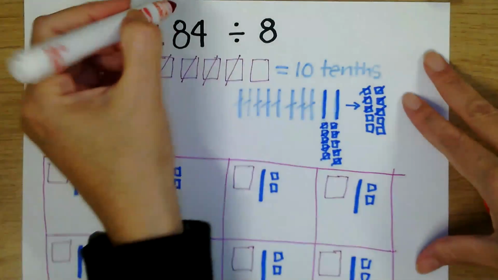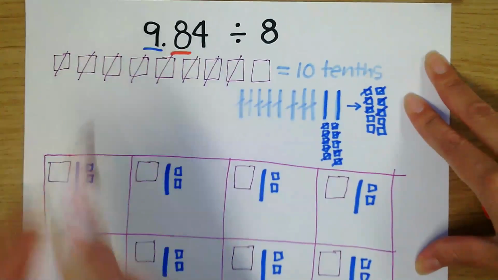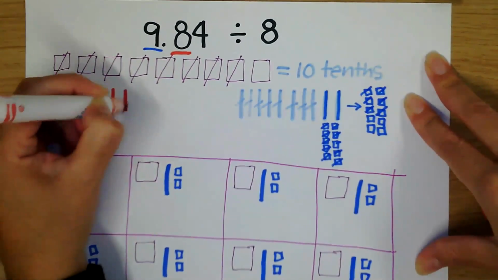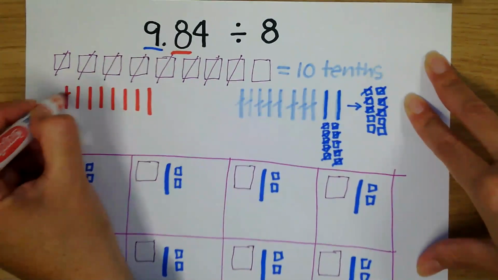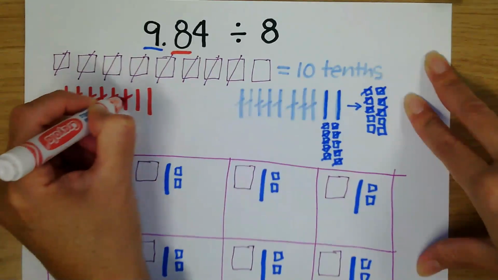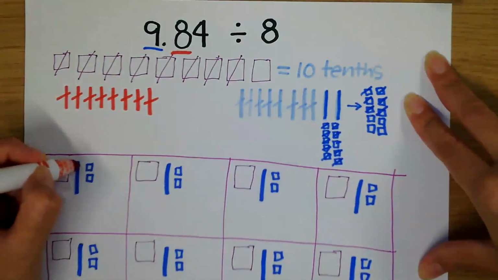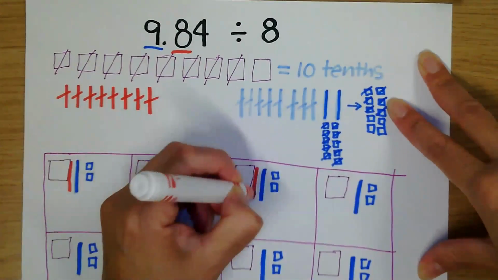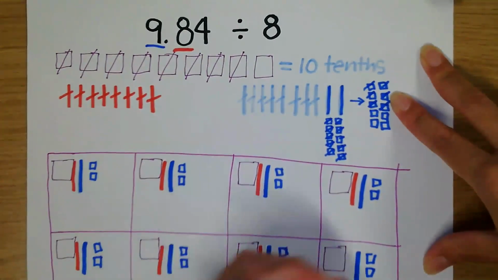First, on this second part with the decimals, we see that we have 8 tenths: 1, 2, 3, 4, 5, 6, 7, 8. We can definitely divide 8 tenths among the 8 groups, right? So I'm going to put it right here.